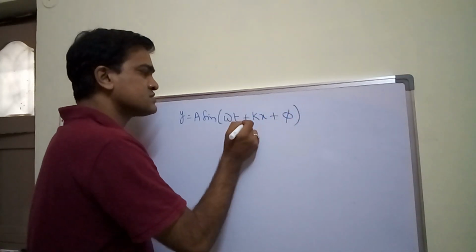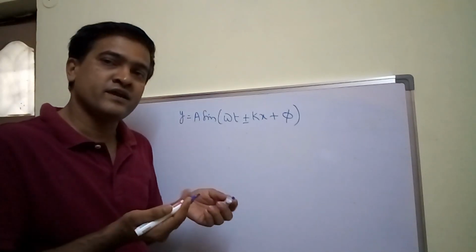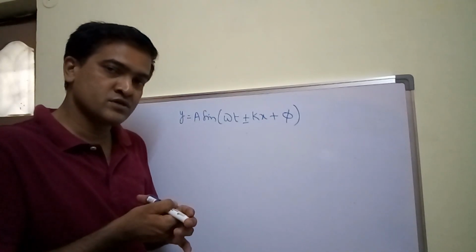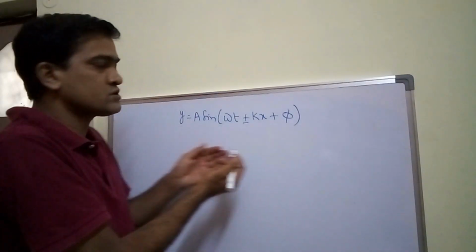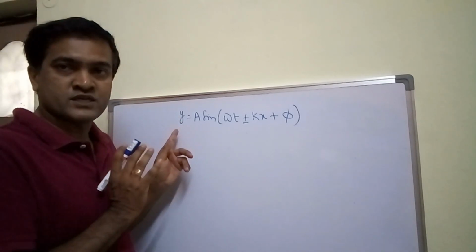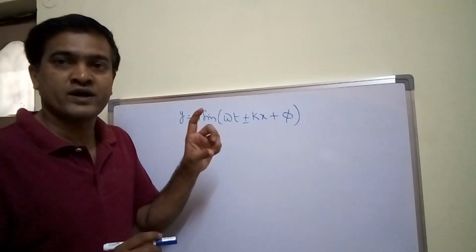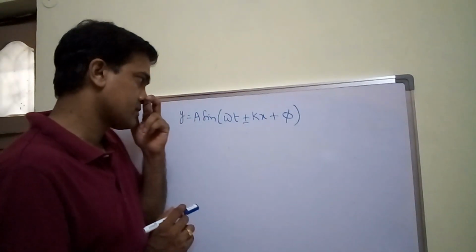I can write here plus or minus. That is better. Plus or minus indicates that either the wave is traveling towards the positive x direction or towards the negative x direction. This gives the displacement of the particle vibrating or oscillating about its mean position. Right?